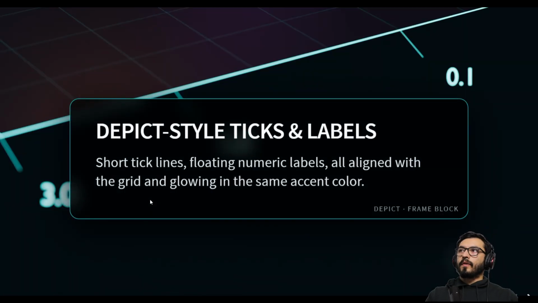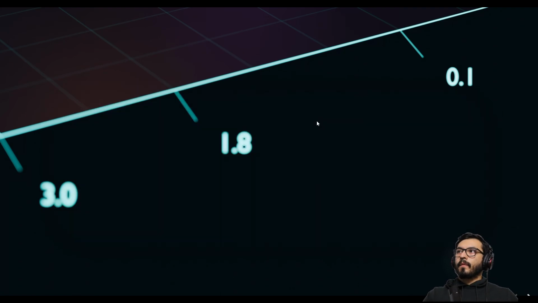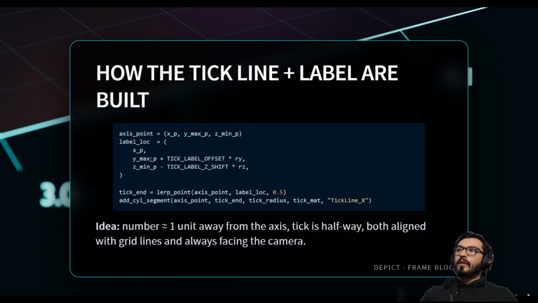Next part is then computing these ticks and numbers that we have in the chart. For that, what we will do is using the same cylinders or the same mesh to compute, for example, the axis point, the tick end, so these ticks will be these small marks here, these cylinders, and we will place it in the axis point that we compute here from the axes themselves, which we created before.